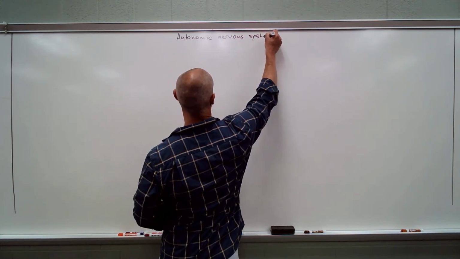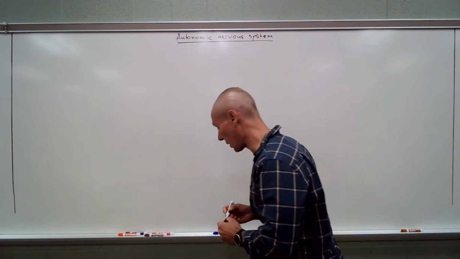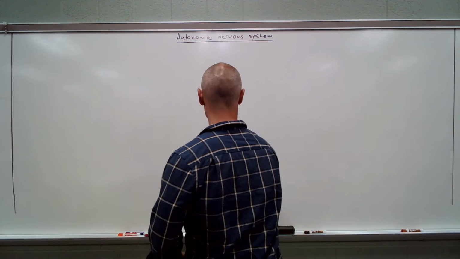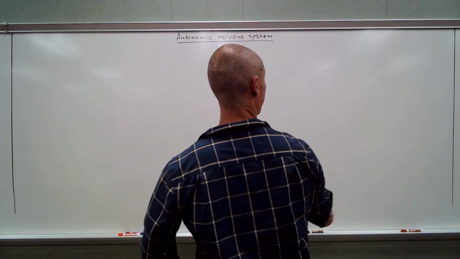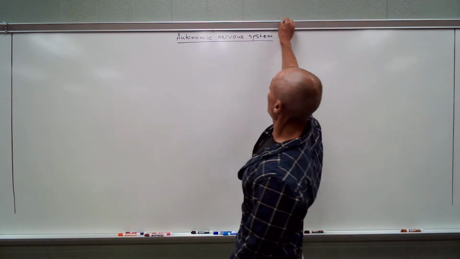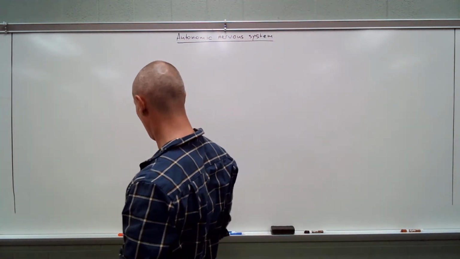So let's start with two branches of the autonomic nervous system. I'm going to try to divide them more or less equally, so I have one line next to another.